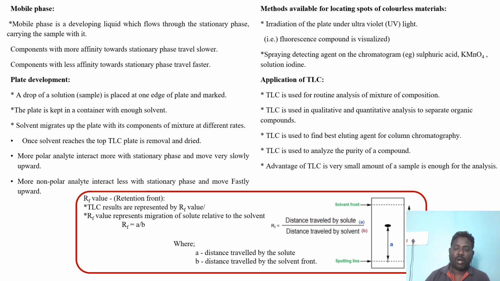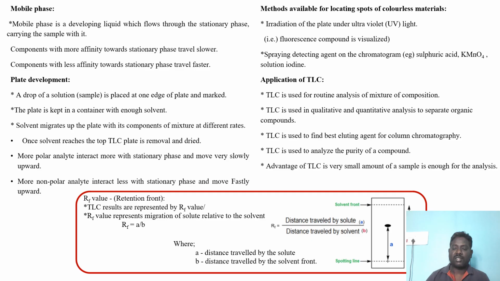When compared to column chromatography, the major advantage of thin layer chromatography is that if you have very little compound, say a sample in milligrams, even 1 milligram, using that compound you are able to analyze the purity, or separate it using thin layer chromatography.